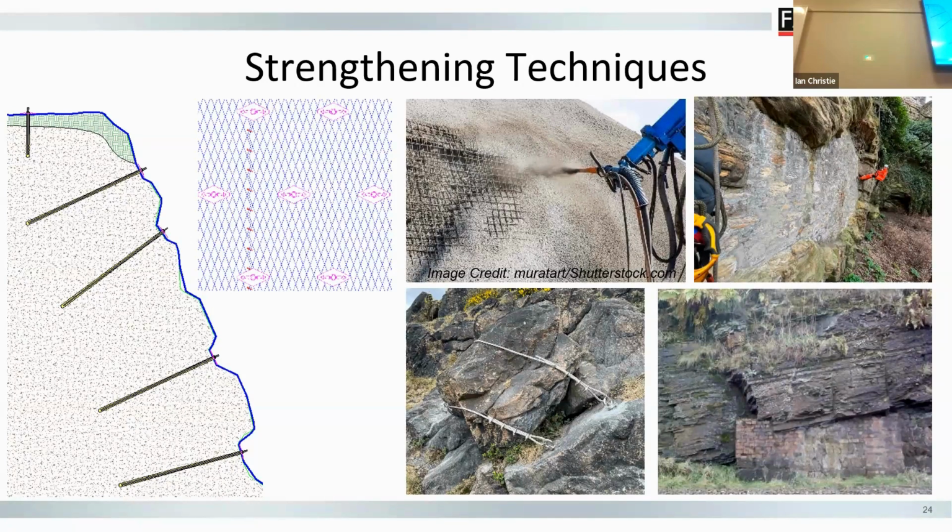I guess the good thing about sprayed concrete is it protects the slope below from ongoing weathering, so water, vegetation, all of these things coming in from the surface, but you would need to be mindful, obviously, of groundwater or any water acting on the back of that sprayed concrete.